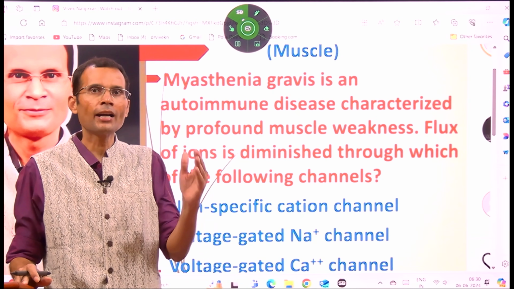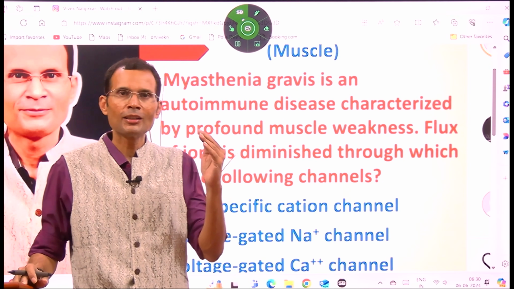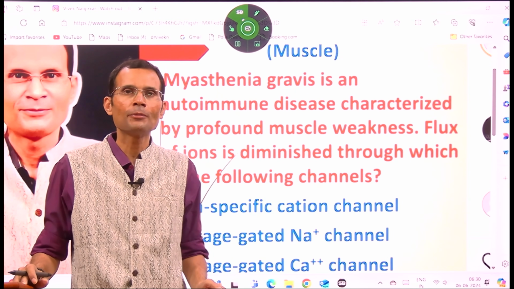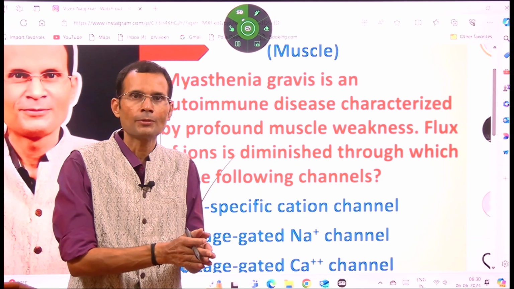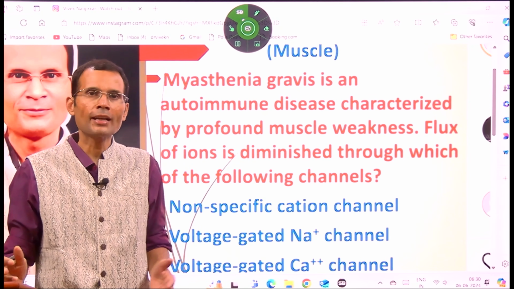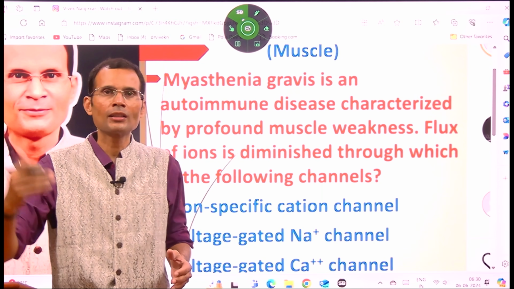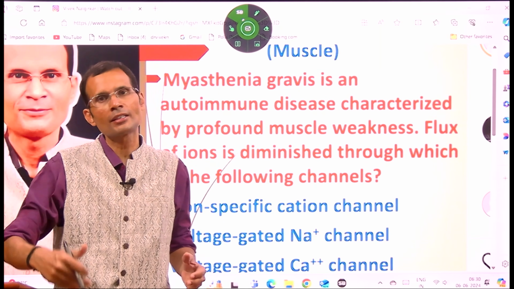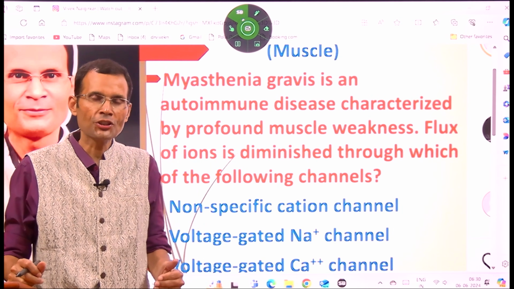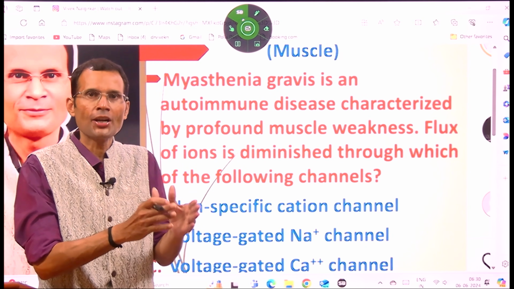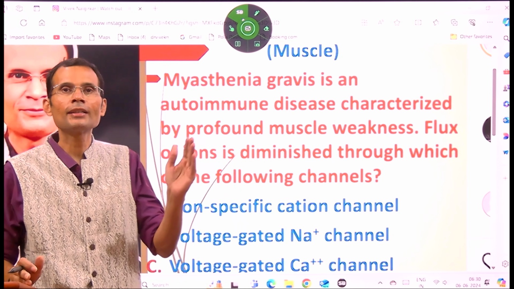I just mentioned that it is the acetylcholine receptor which is damaged or destroyed. But there is a channel associated with this receptor. This channel opens and there is flux of ions normally, and that results in the muscle depolarization and resulting in muscle contraction. So the question is, what is the channel that is associated with the acetylcholine receptor?